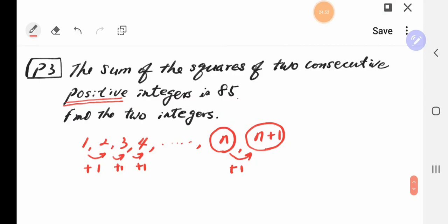So let's write an equation. The equation is the sum of the squares of these two numbers. So the first number is n, so n squared plus the next consecutive positive integer, n plus 1, squared. Then the sum of these two squares will be 85.